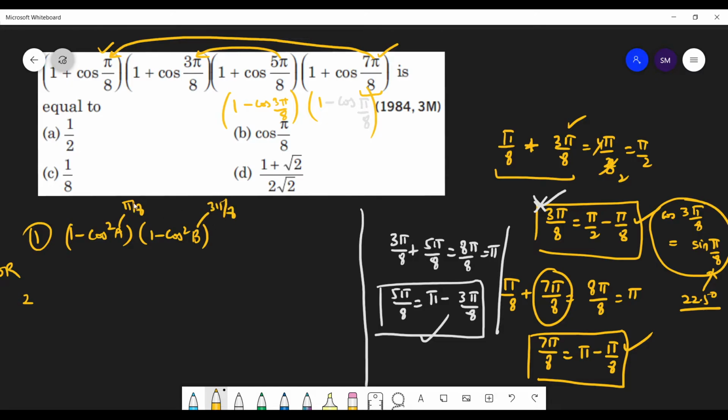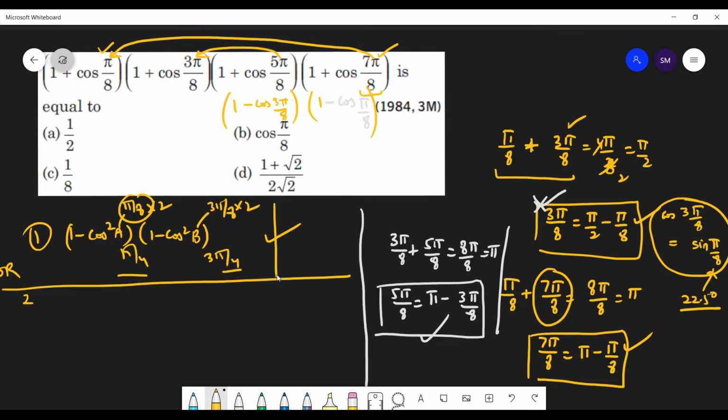You can come out of here if you multiply it with 2. So if you are multiplying it with 2, your angle will become pi by 4 here, and here your angle will become 3 pi by 4. So in terms of pi by 4, multiples of 45, we know their values. Got my point, students? And here also you can do, so that's a strategy for first, you can solve it out.